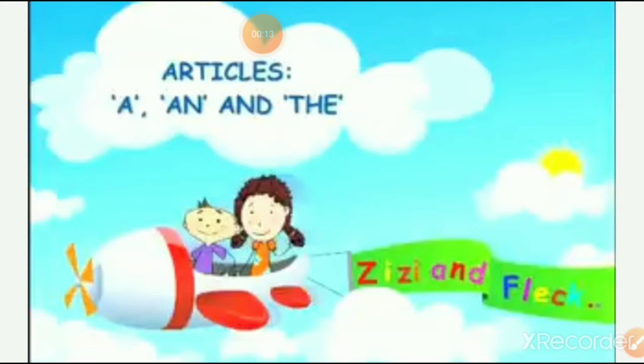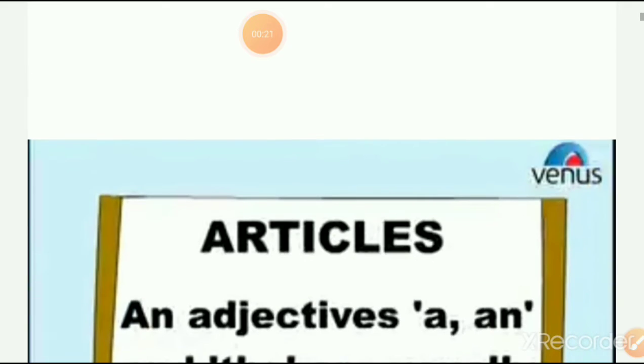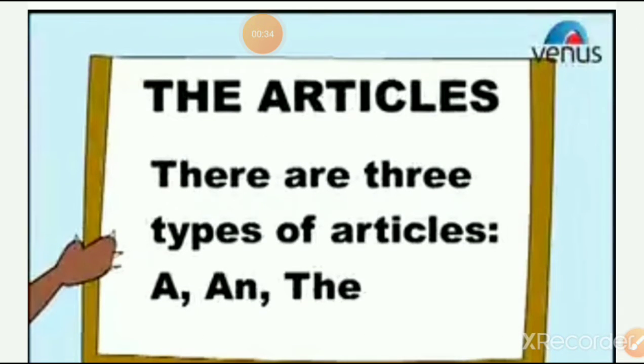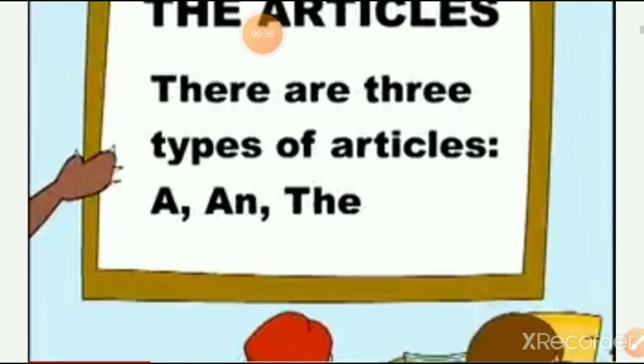Subject: English Grammar. Topic: Articles a, an and the. Articles, that is the adjectives a, an and the, are usually called articles. There are three types of articles: a, an and the.